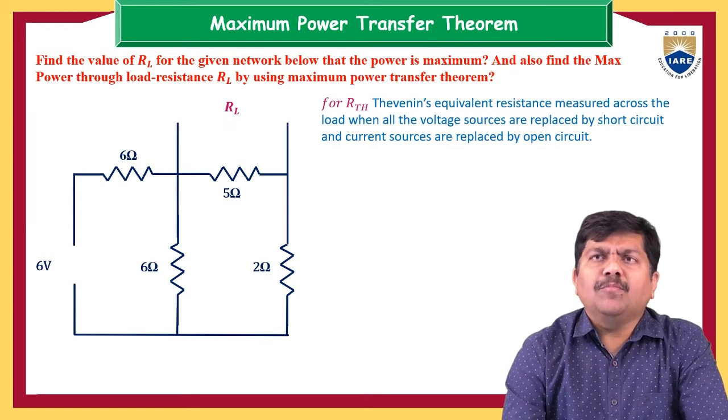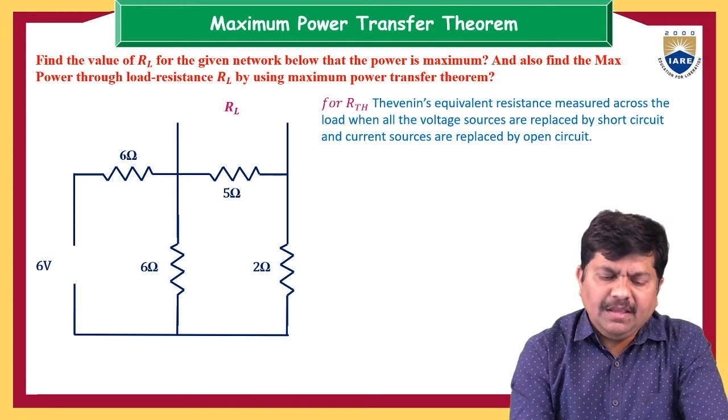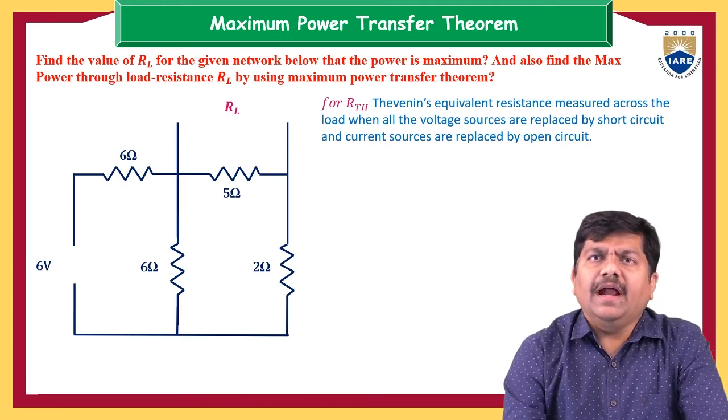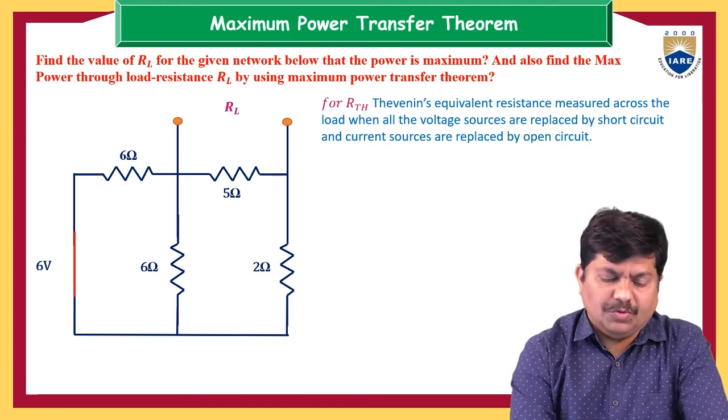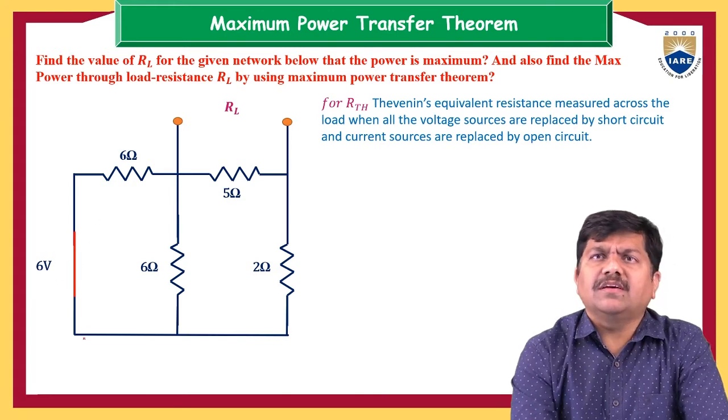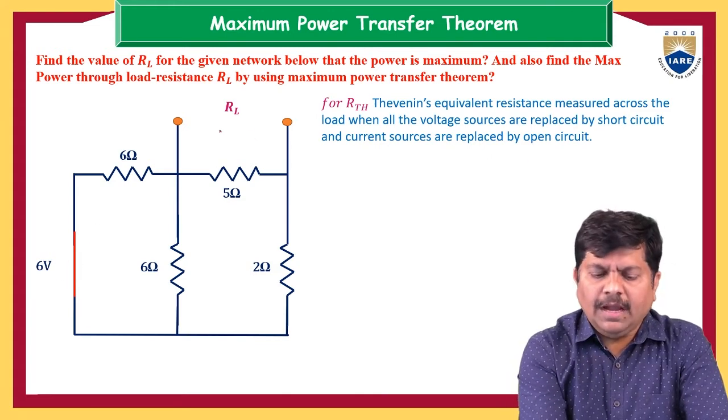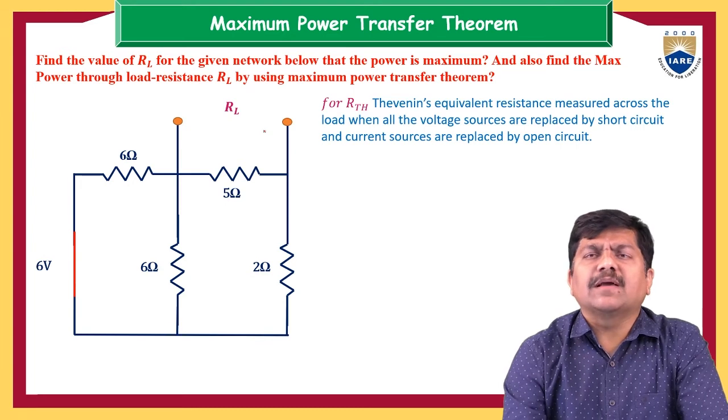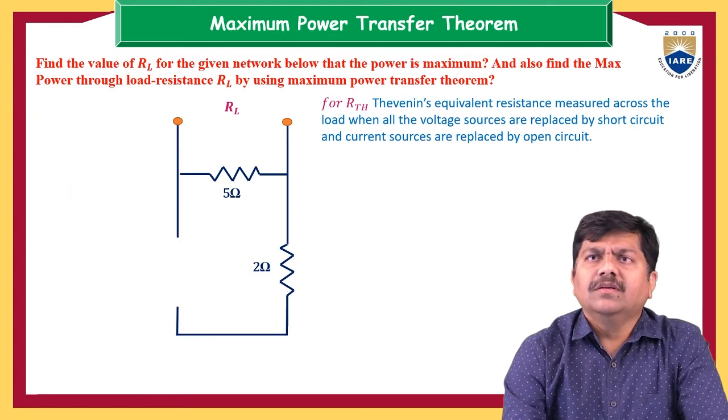So here I am going to make an attempt to determine the RTH. I am completely removing the load resistance and I am going to short circuit the voltage source. So the 6 volts voltage source is short circuited, and RL, the load resistance, is completely disconnected from the section.